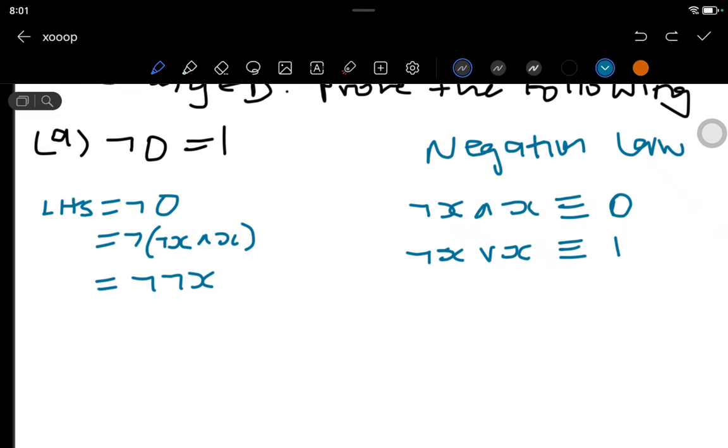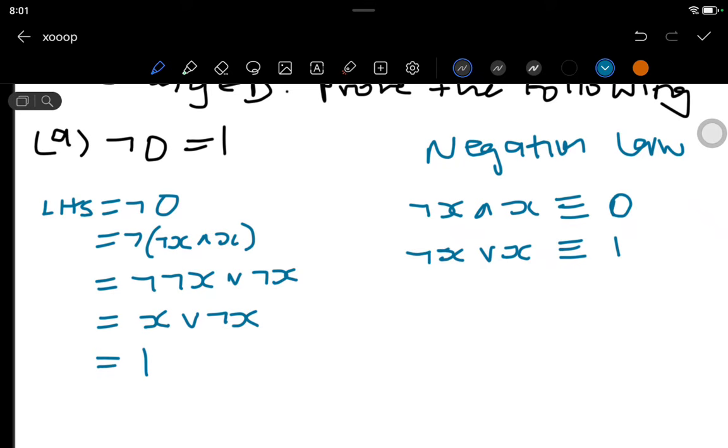Then this will change to the negation of X, and this one will be X, the negation will cancel out. And this we know equals 1. So the answer will be 1. So we have proven that indeed this is 1.